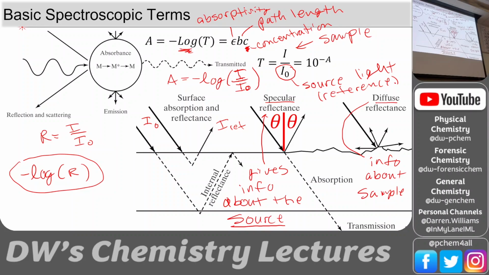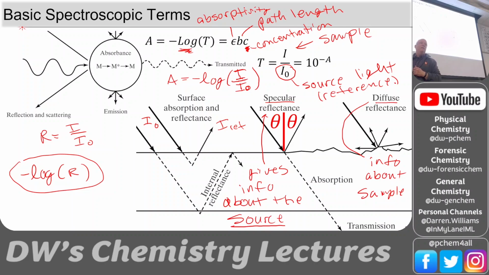Because this board is smooth, you get a lot of specular reflectance. Notice how the angle is preserved. It has to come in the window, hit that board, and come off at the same angle to the normal. The normal of the board is here, and you've got, say, 30 degrees from the window hitting the board, and then 30 degrees over this way is going to be the image of that window. That's specular reflectance. And you can tell it's giving you information about the source because when you look at it, you can see trees and cars and the blue sky. Okay? It also measures how rough the board is.